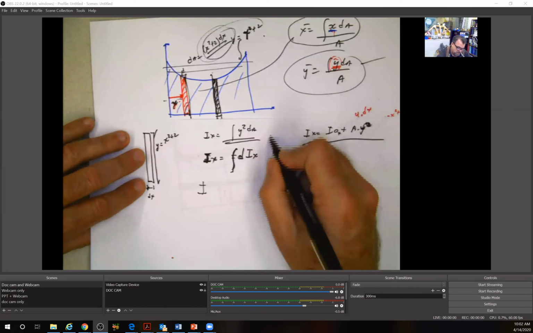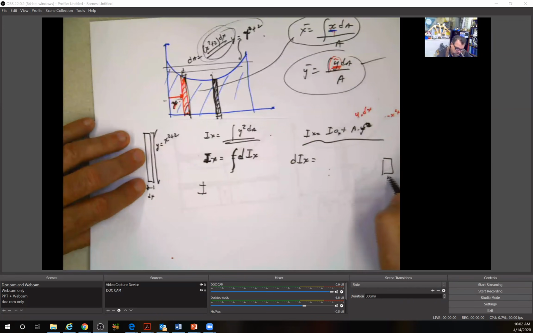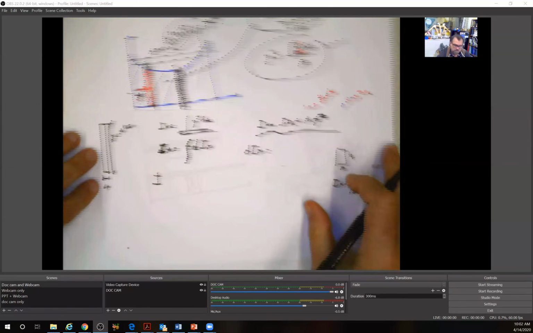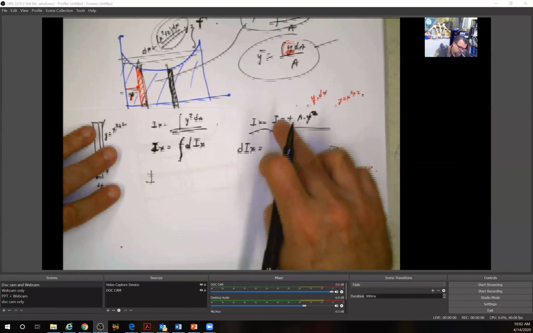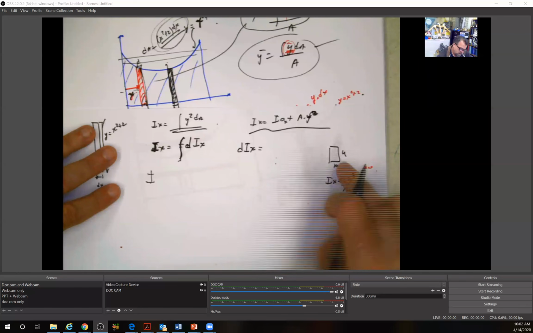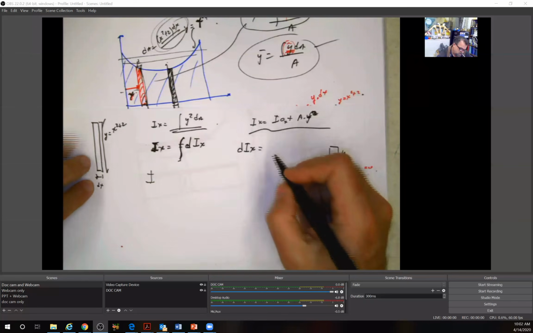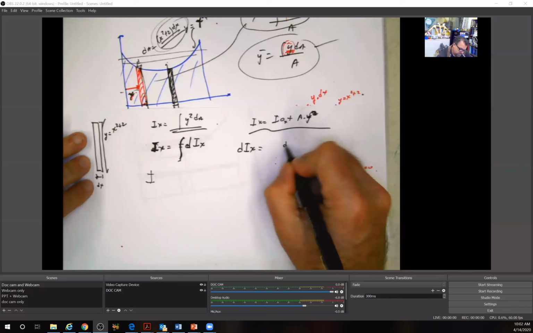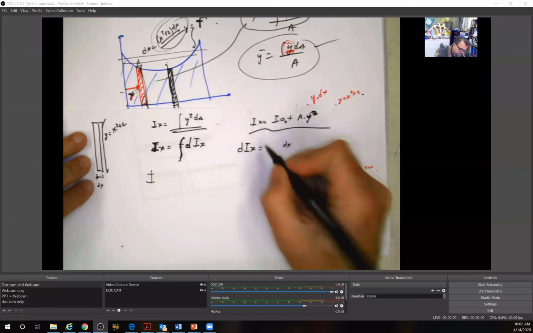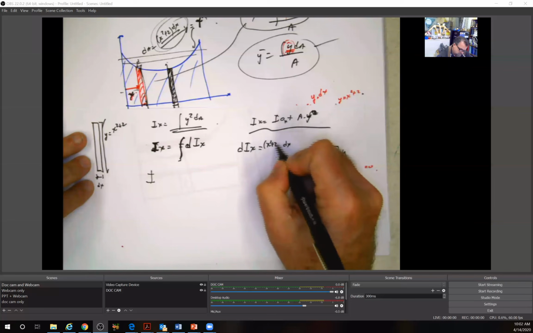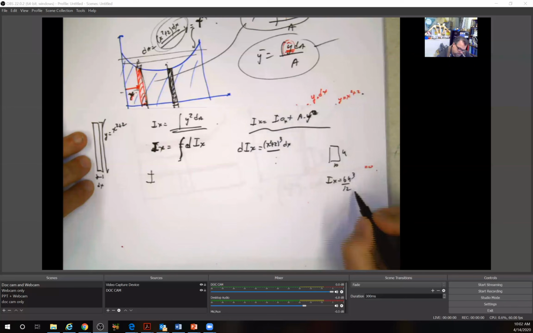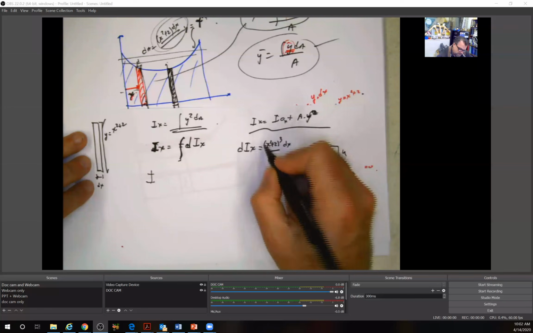Remember, for a rectangle, I sub x is bh cubed divided by 12. That will be the value for the rectangle. So this is going to be dx times the function to the third divided by 12. Integral of that.